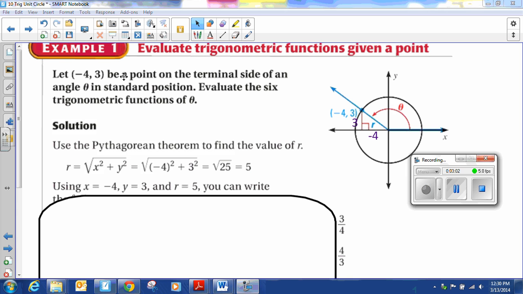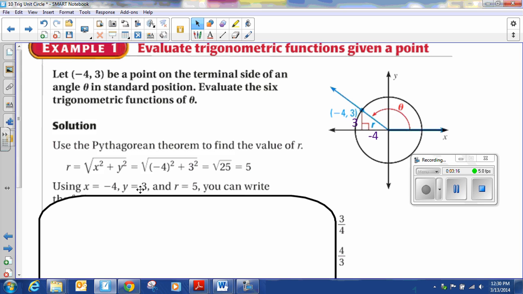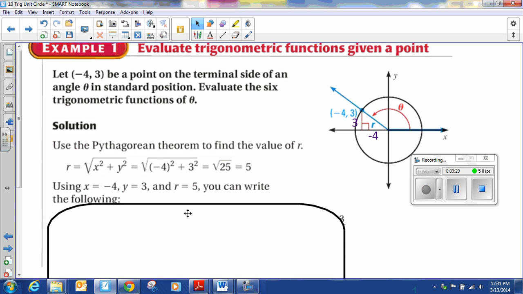As you recall from the definition over here, to find all 6 trig functions, we need 3 variable values. We need x, y, and r. So over here we have x, we have y, based on the ordered pair, and we have r, based on our calculation here. So we can place them into the definitions, and we know that sine of theta is opposite over hypotenuse, also known as y over r.